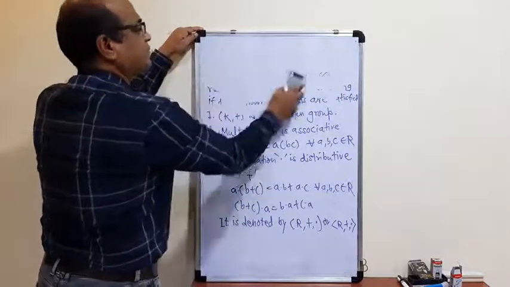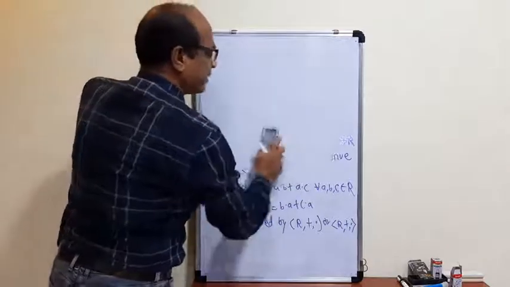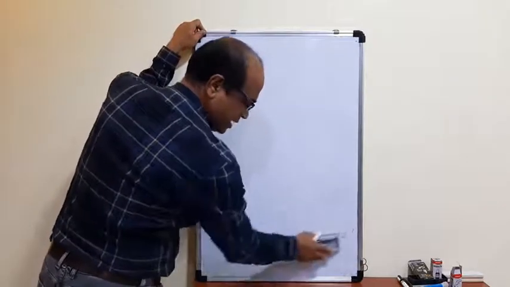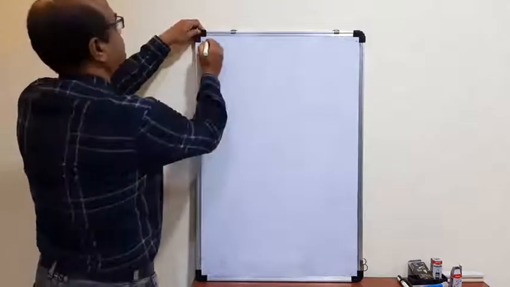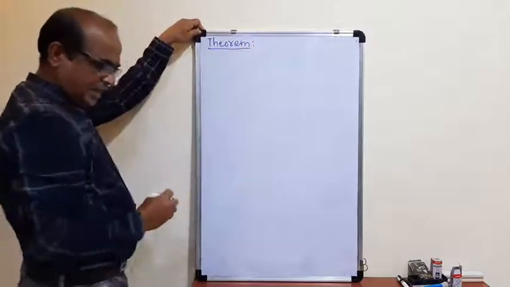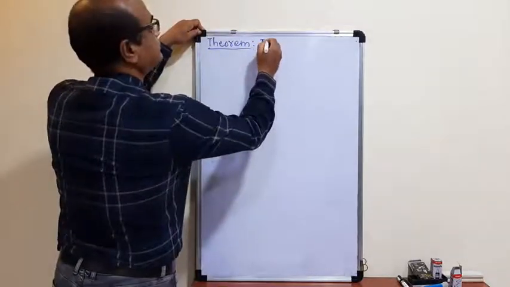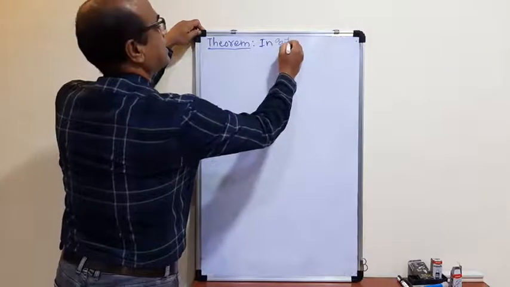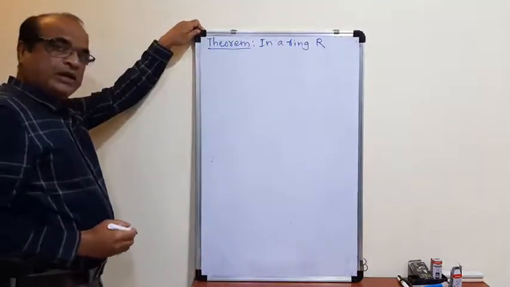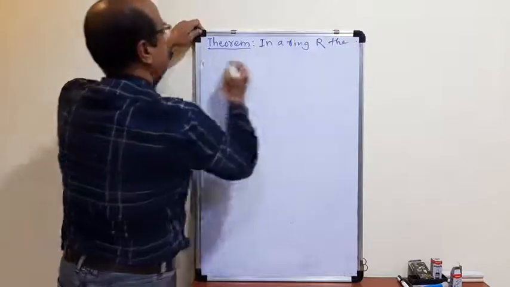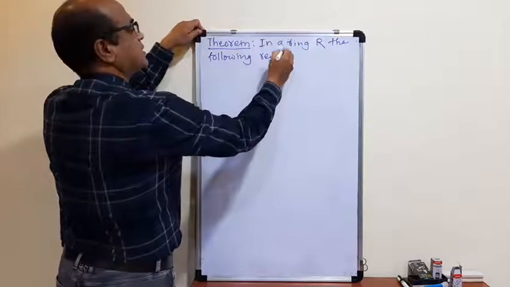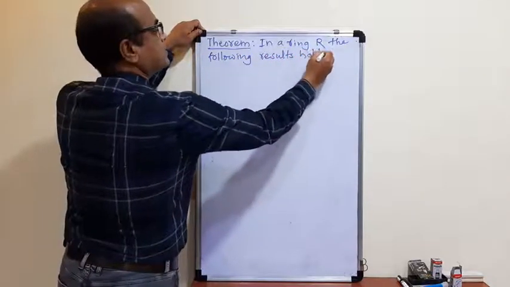We have to prove some very simple properties on a ring, and then we will take examples of rings. Theorem: in a ring R, the following results hold. What are the results here?